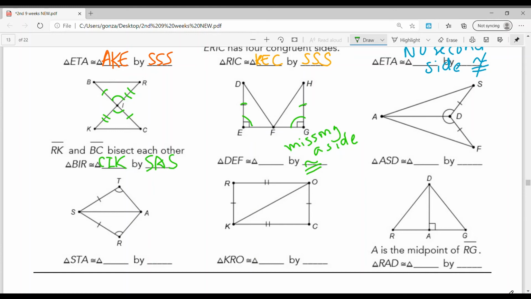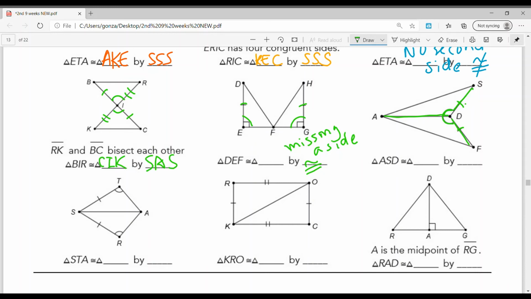Okay, so this one is a little bit different. I see a side and I see an angle. I see two angles. That's good. And then they share a side. That's even better. So remember that the angle has to join the two different sides for each triangle. So AD is a bisector of SAF.